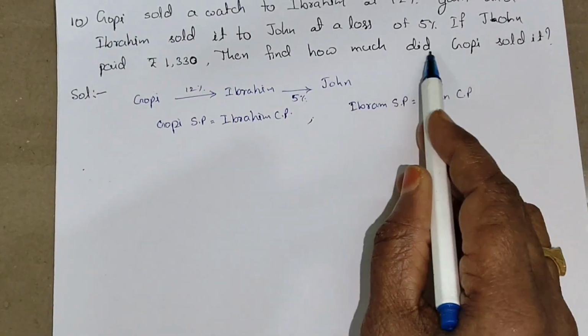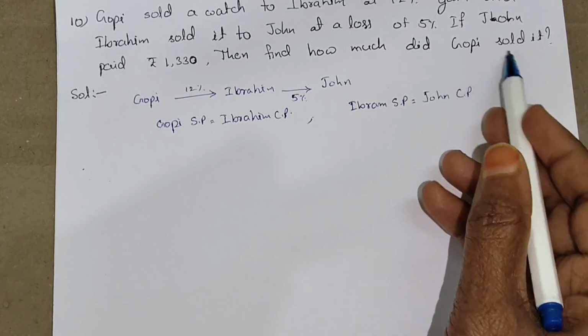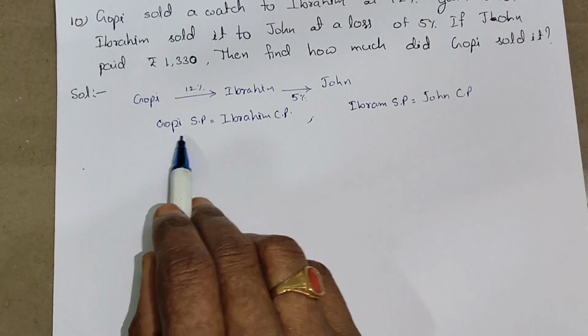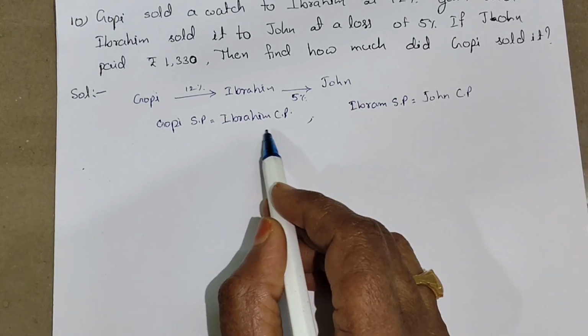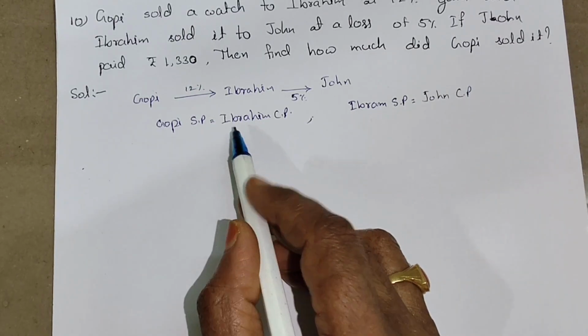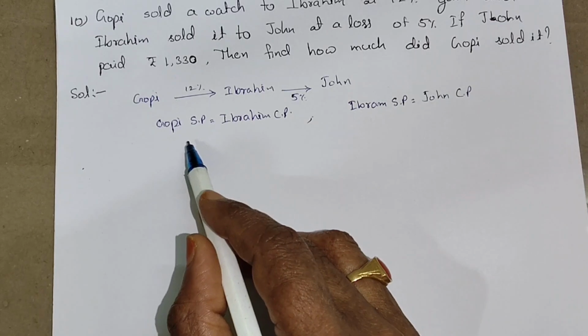Then we find how much Gopi sold it for. So we find the selling price of Gopi, which is equal to Ibrahim's cost price.